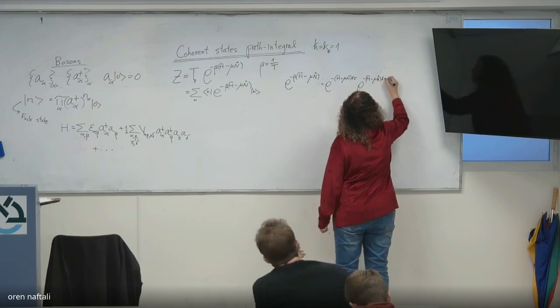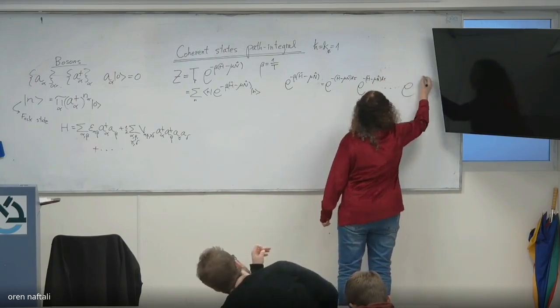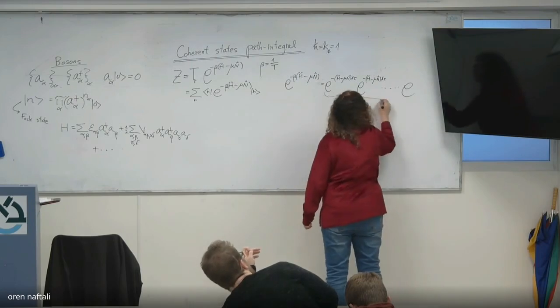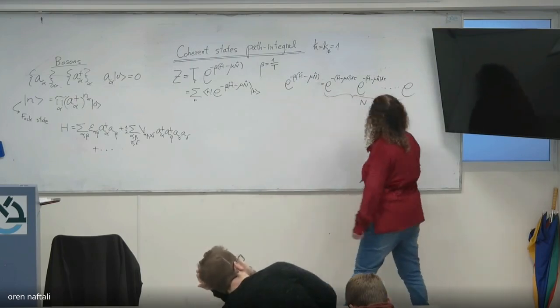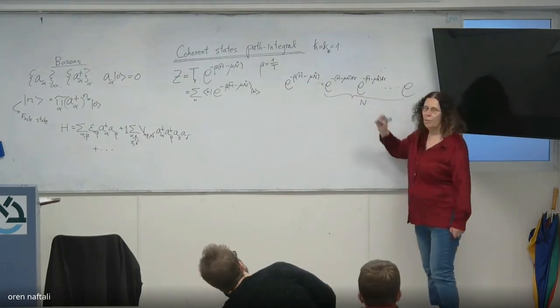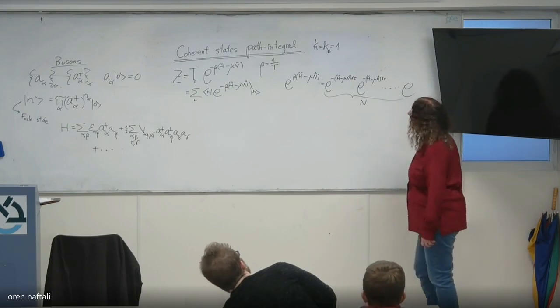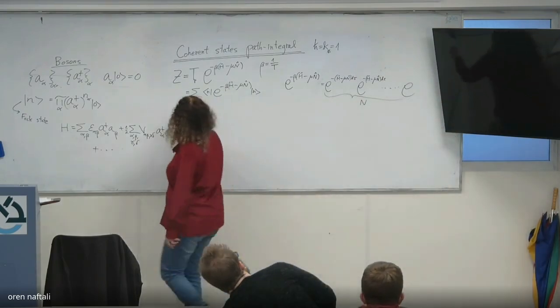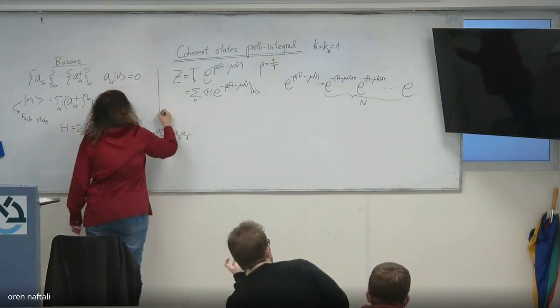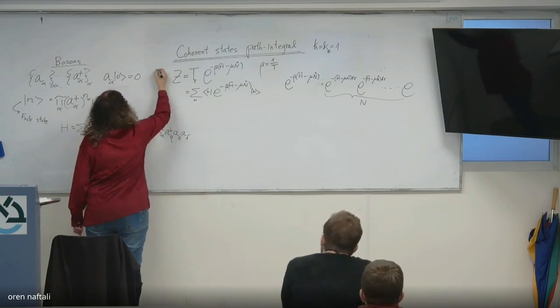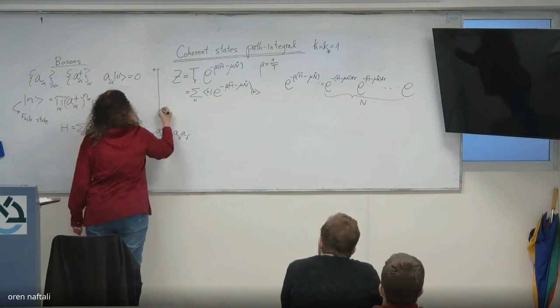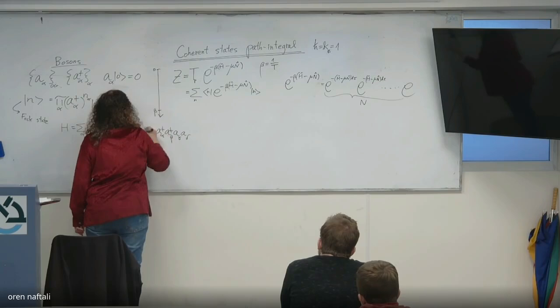There are n terms in this product, and what it means is that we are looking at the imaginary time axis that goes from 0 to beta.